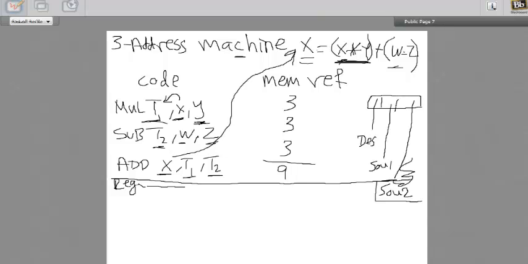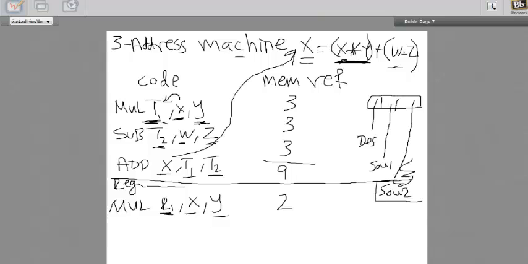So straight away we multiply X with Y and store them inside the register instead of inside the memory, which is the register inside the CPU. How many times do we need to access the memory this time? Twice. We have X and we have Y. R we don't need to access because it's already in the CPU. So we reduce the memory reference by 1.